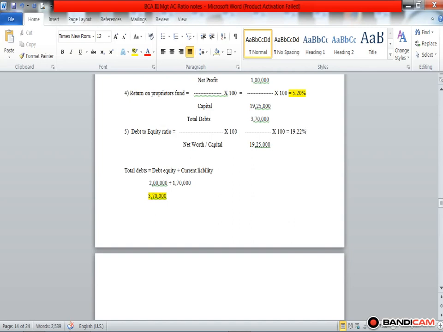Okay, so here we find out the debt to equity ratio.